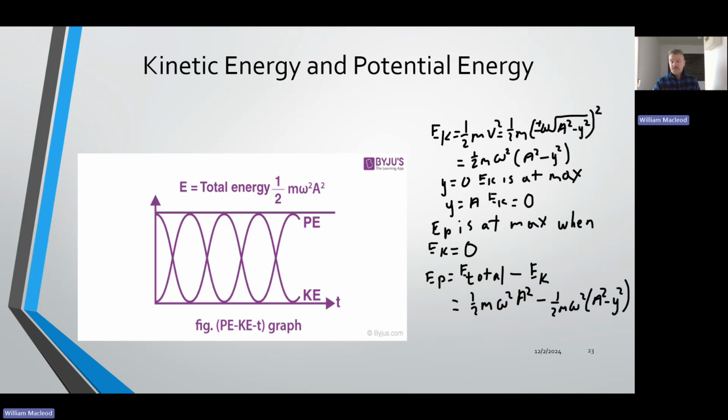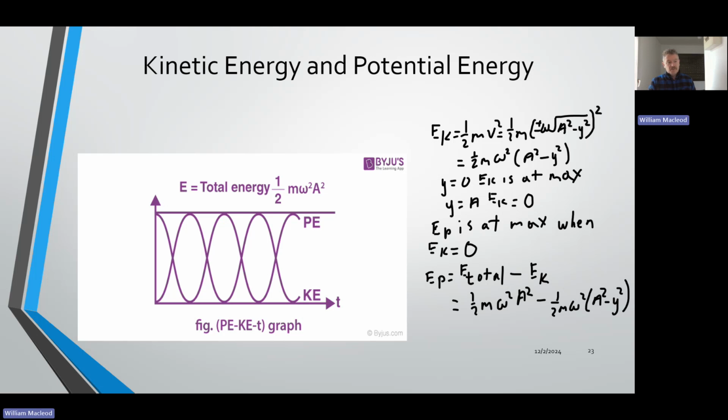So let's now think about kinetic and potential energy as far as simple harmonic motion goes. What can we say about the combination of the kinetic and potential energy? Well, we know that energy is conserved, isn't it? So the combination of kinetic and potential energy would always stay constant, assuming there's no resistance hindering the energy.